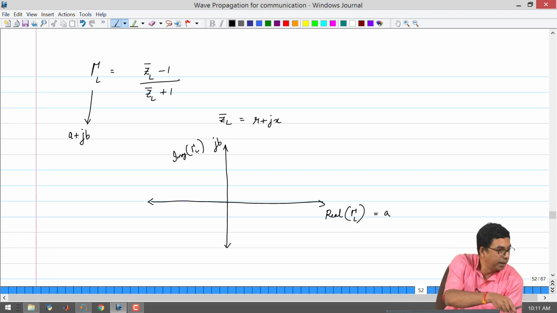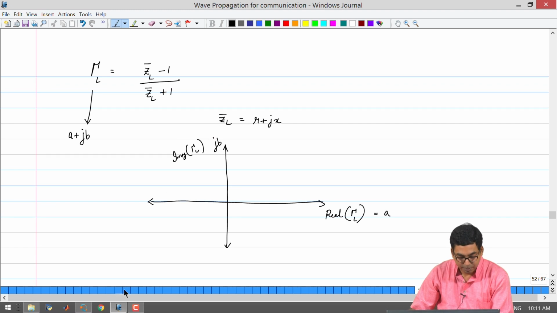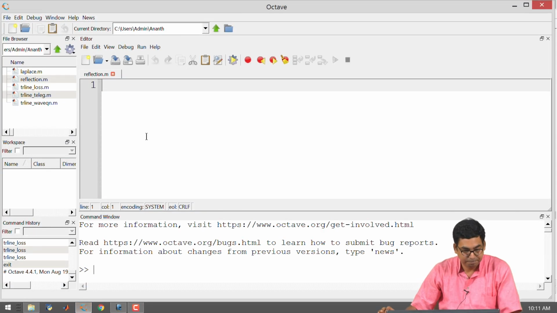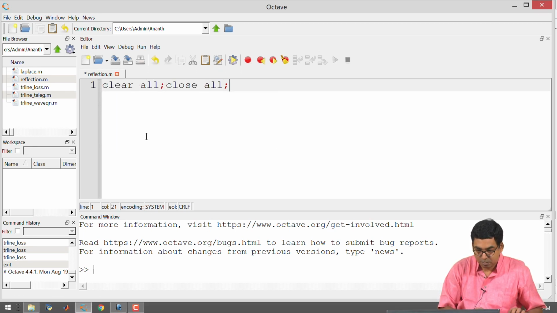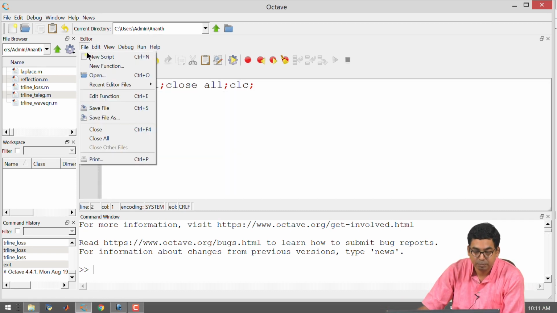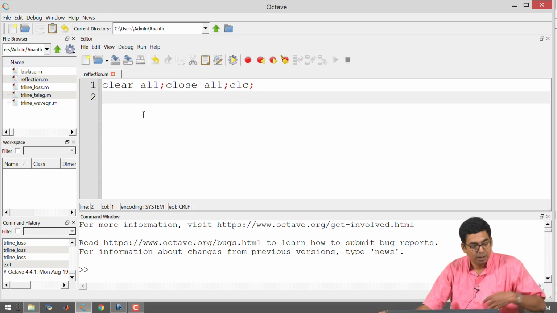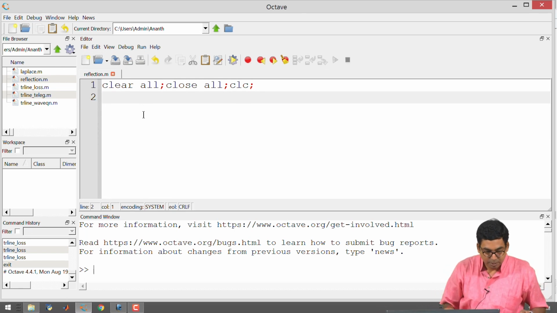So, I am going to fire up Octave, and I am going to do this using Octave. Okay. Now, I am going to start with a simple program to do that.